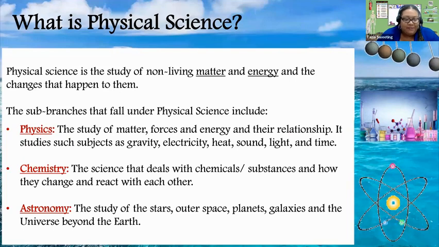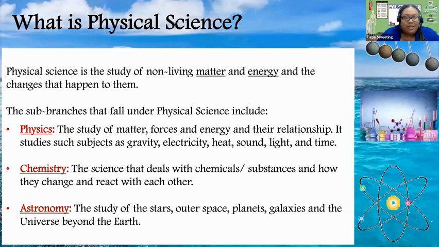In chemistry, we study chemicals or substances and how they react with each other. So again, this branch of science deals with chemicals and substances and how they change and react with one another. And thirdly, the last sub-branch of physical science we have is astronomy.